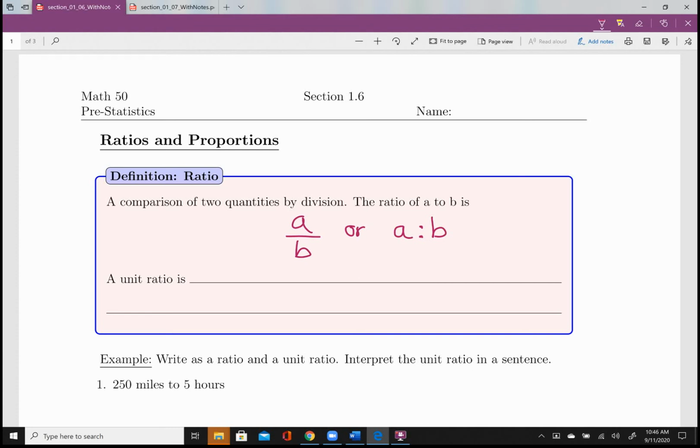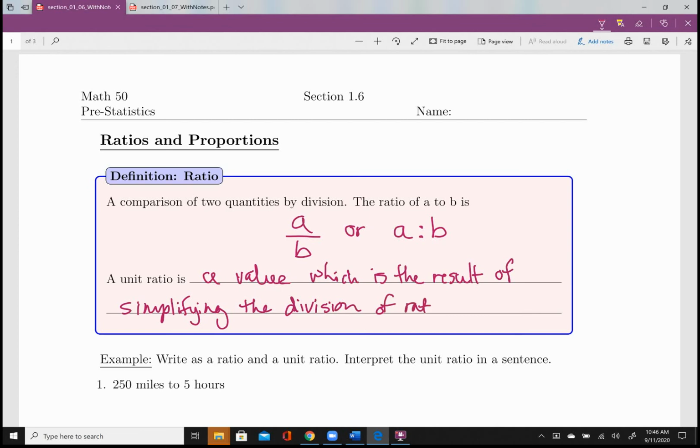Okay? A unit ratio is a value which is the result of simplifying the division of the ratio, which is to say that you're thinking of a ratio as a fraction or as a division problem, which all fractions technically are.